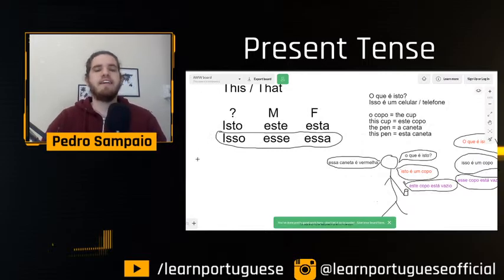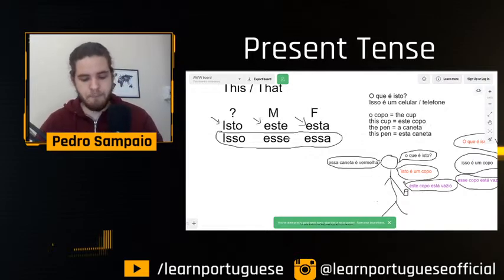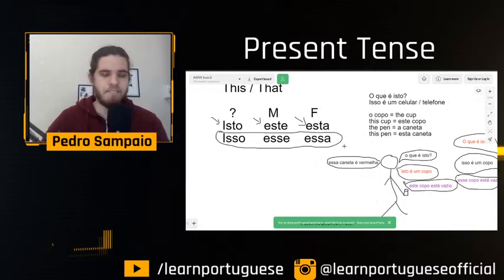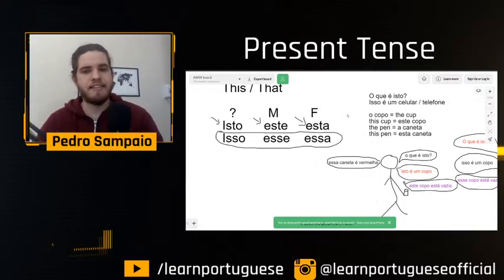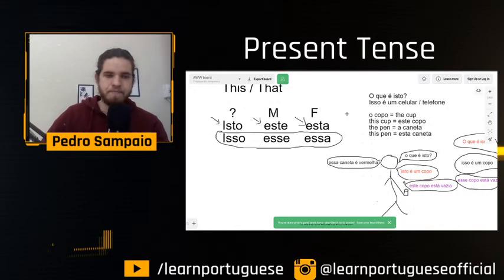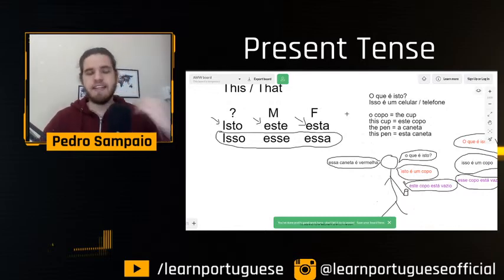They are actually everything we use. So we basically ignore these guys. Most Brazilians will just ignore them, and we just use the second row. So isso, esse, and essa. But that's the difference. That's what the grammar books explain, at least.